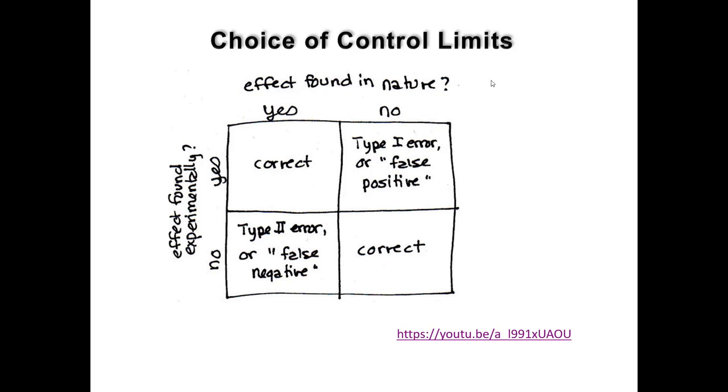In both cases, the truth is either correct or it is not correct. So when we relate these two, there are four different possible decisions that we can come up with. Remember, our decision is based on the sample, but the truth is out there.